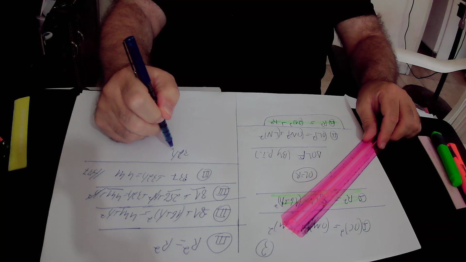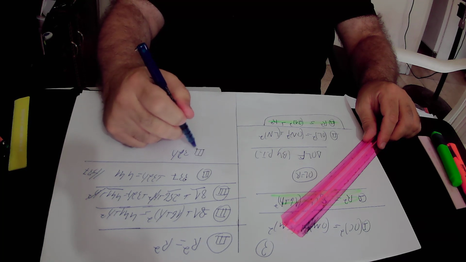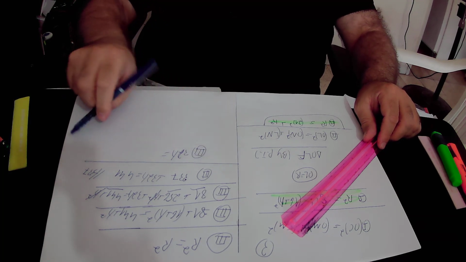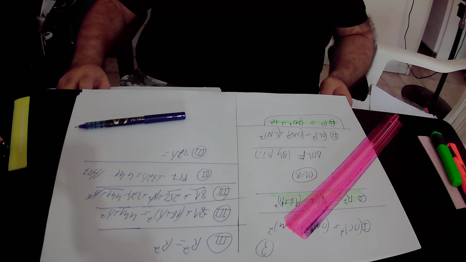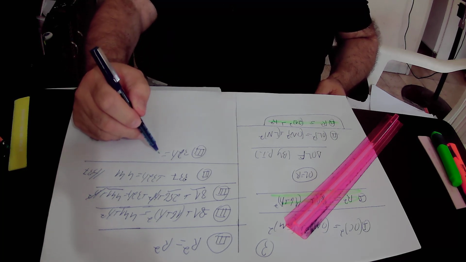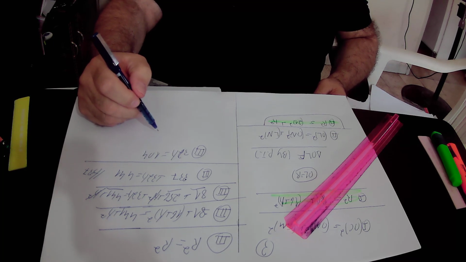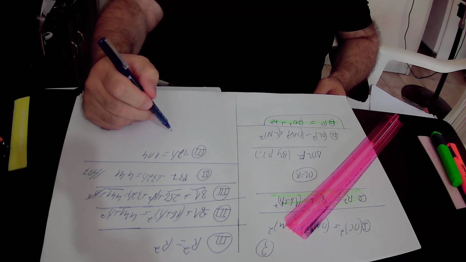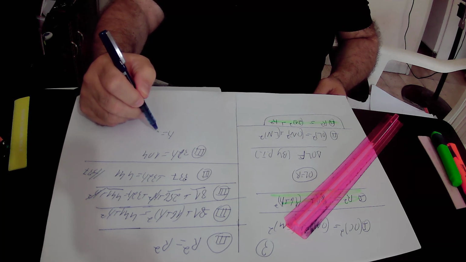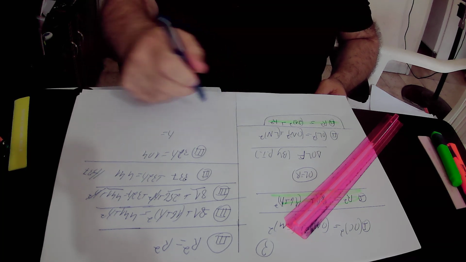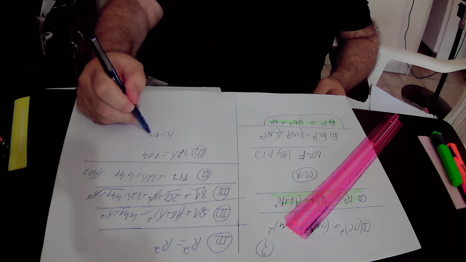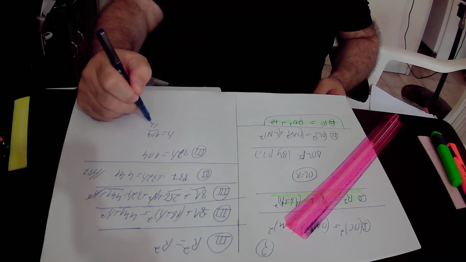32h equals 441 minus 337 equals 104. Here we will divide this equation number 3 by 32 and we will get that h equals 104 over 32.